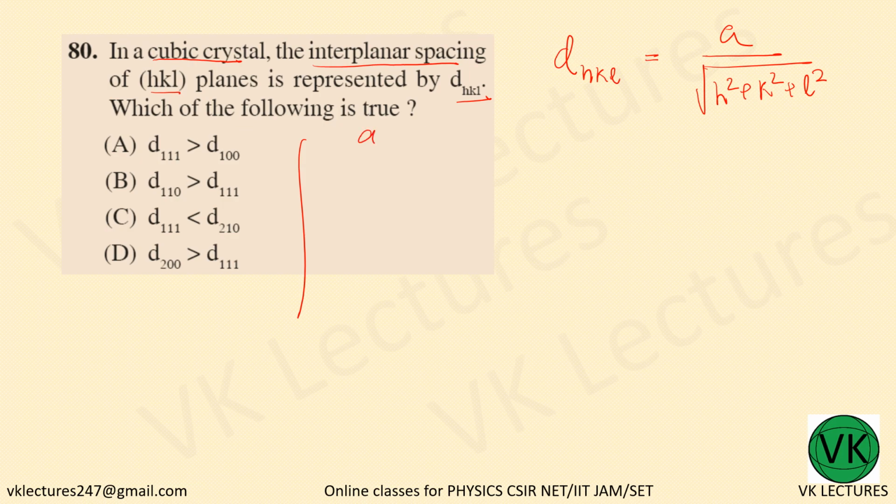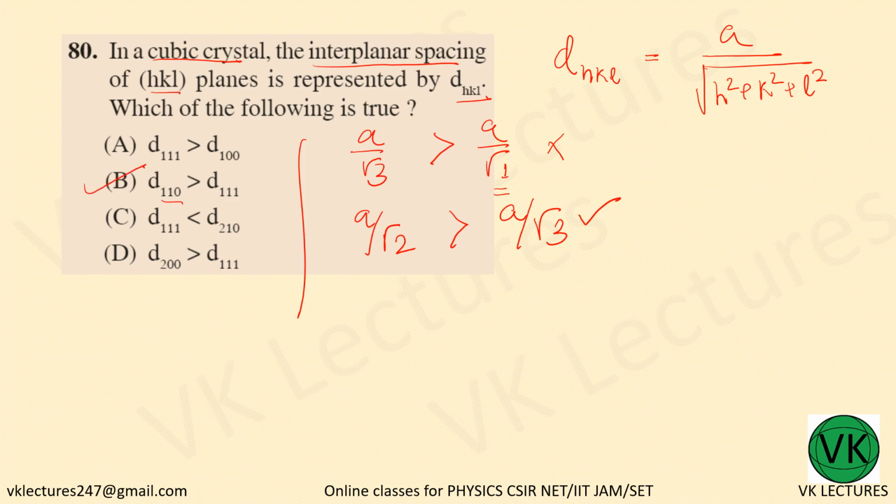A divided by root 3 and A divided by root 1. It is said that the first is greater, but this one is greater, so this is false. A divided by root 2 greater than A divided by root 3 is true. So you need not check the remaining options. Option B is correct. But still let us check.